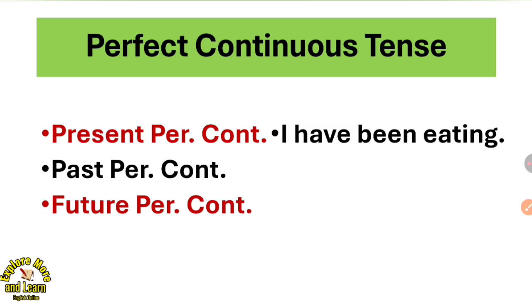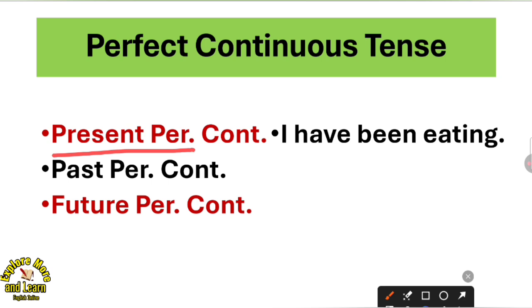Here you see half of the part we take from present perfect, that is have, and half of the part we take for continuous, that is the ing form of the verb, and we join them together. That will be perfect continuous, and because it is present, we will use has or have. So I have been eating.